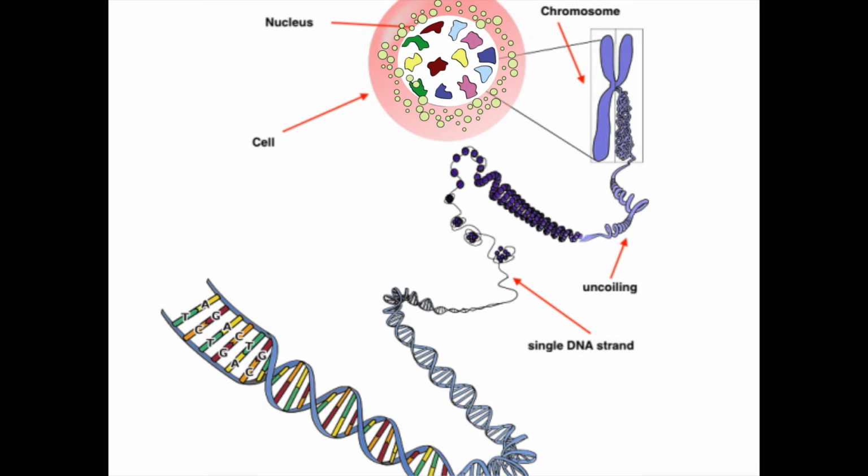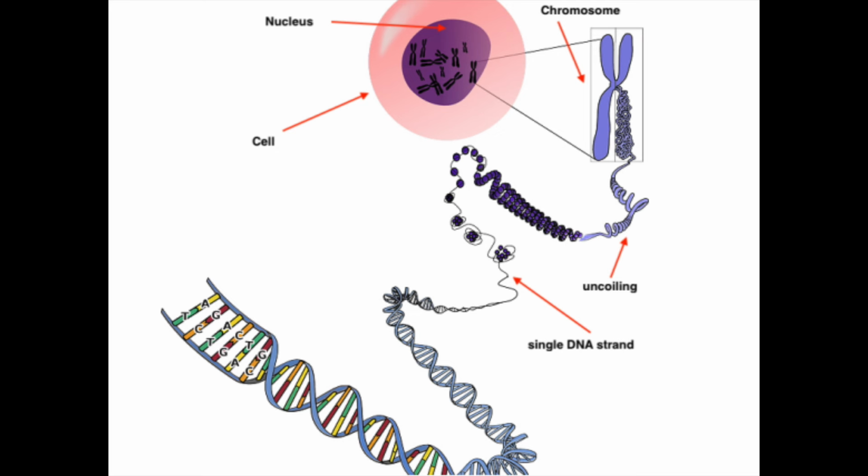So here we're back with the original traditional diagram that we started out with, but we're saying at this point that all of this needs to go away. And that chromosome is not a good example for explaining what goes on inside that nucleus. So what we're going to do now is start from scratch.